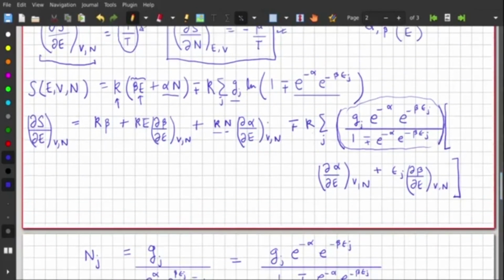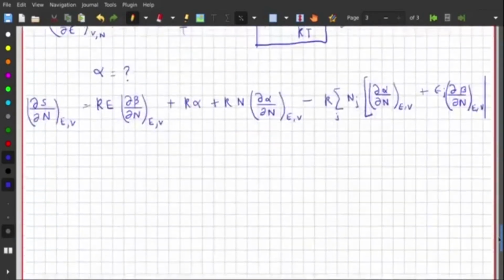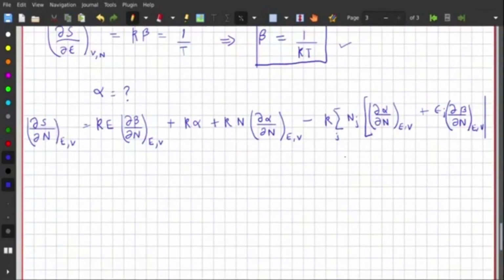This was multiplied by the derivatives of alpha and beta, so it says partial alpha partial N, and then epsilon j partial beta partial N. So that's this expression.